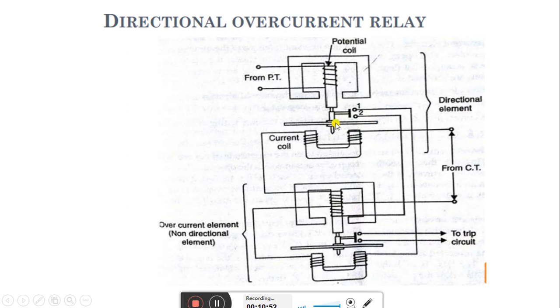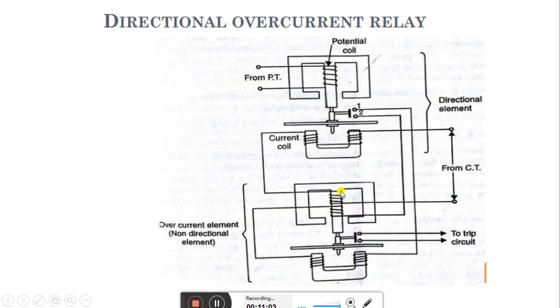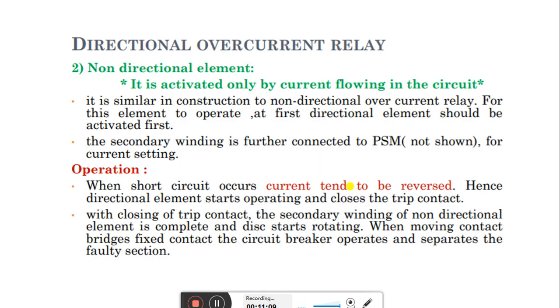In the previous slide, whatever we discussed about the directional element and the construction details of the directional overcurrent relay has been shown in this diagram. In the next slide, this is the non-directional element.